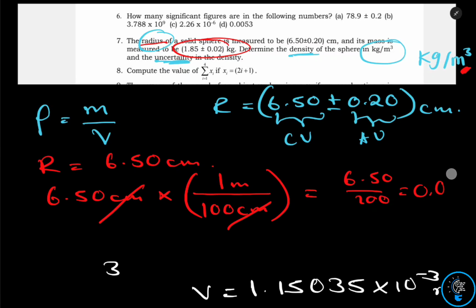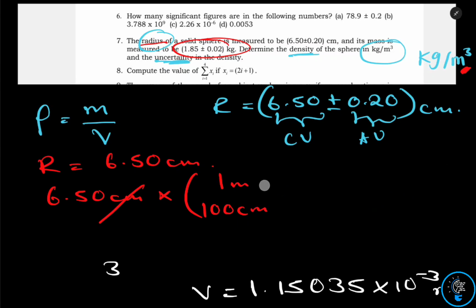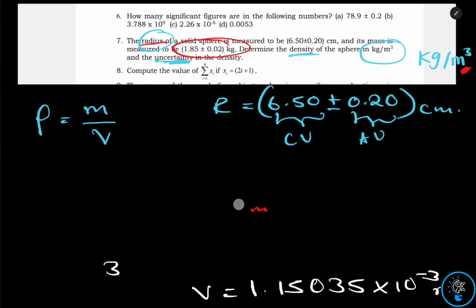Now let's calculate the uncertainty in volume. Okay, before we do uncertainty in volume, let's first find the density. Remember, the question says density, and what we have here is the volume.